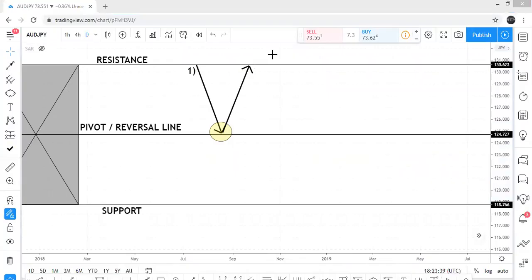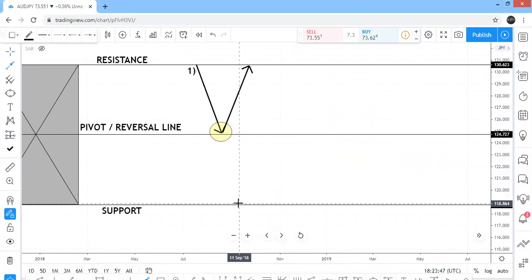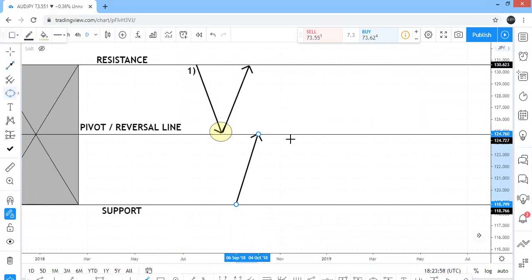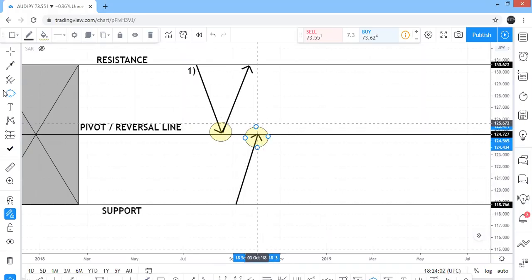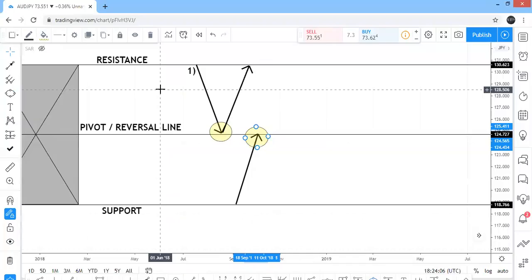Condition number two is that if price starts from support and it goes towards the reversal line and is unable to break the reversal line, guess what it's going to do? Who can have a guess? Starts from support, is unable to break the reversal or pivot line.